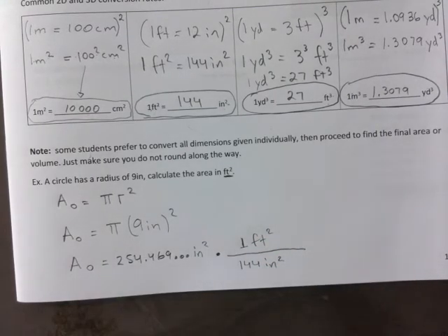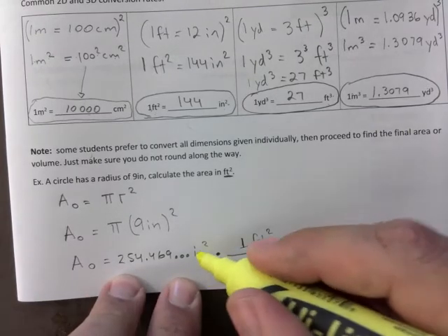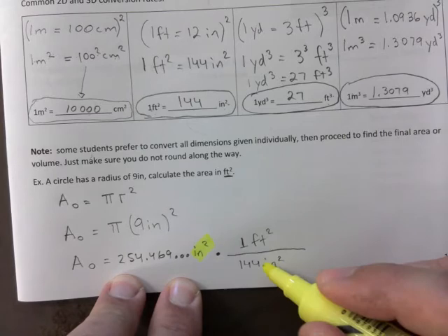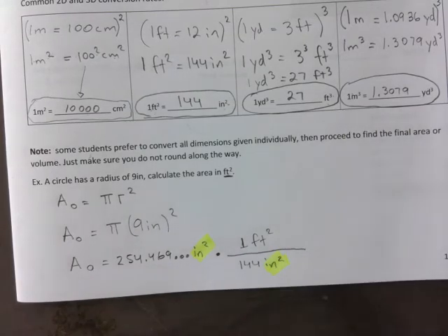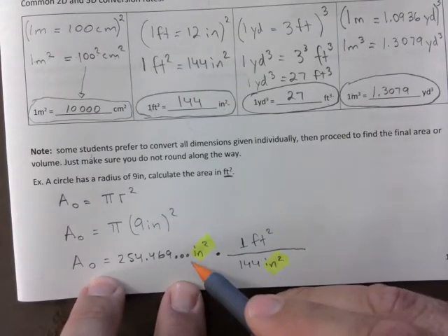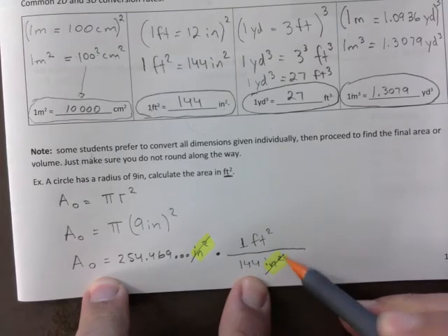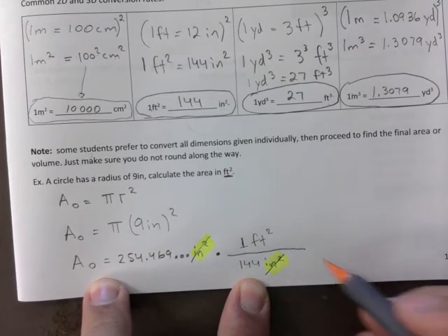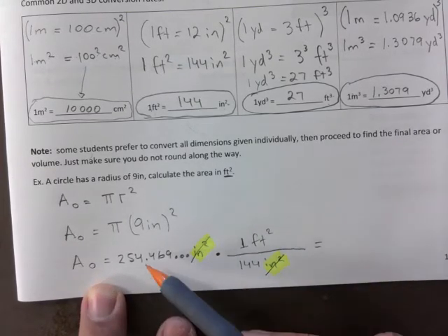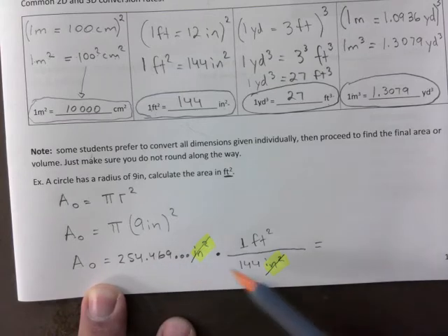And I remember I told you I really like highlighters. I just want to show that these units will cancel out. And that really you're going to take this number and you're going to divide it by 144.